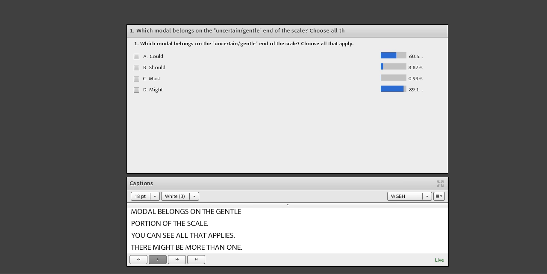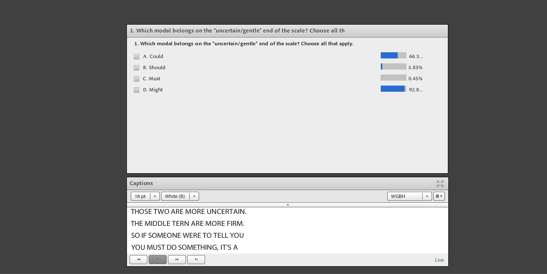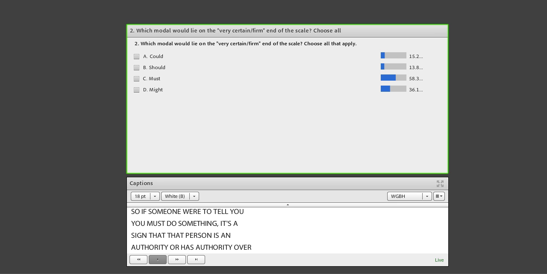All right, I see people are selecting the first one, could, and the last one, might. Yes, I tend to agree. Those two are definitely more uncertain, and the middle two, should and must, are more firm. And if someone were to tell you that you must do something, it's a sign that that person is in authority or has authority over the topic. Great.